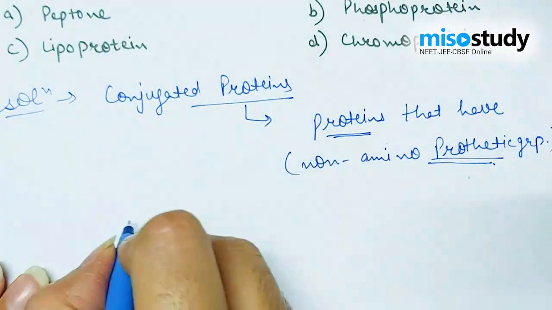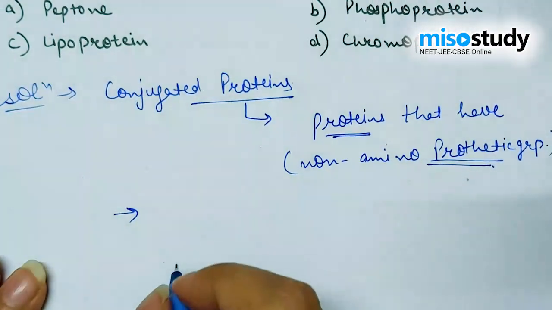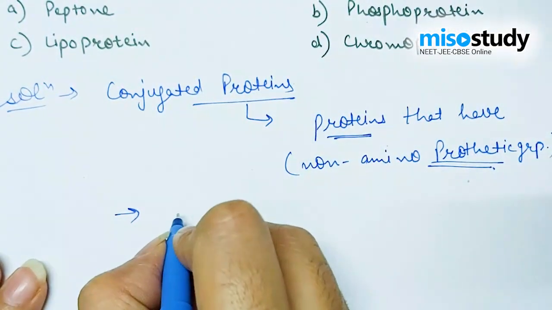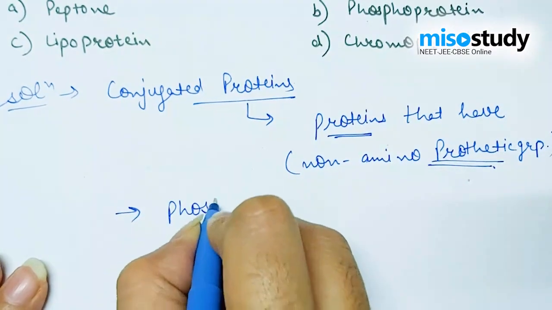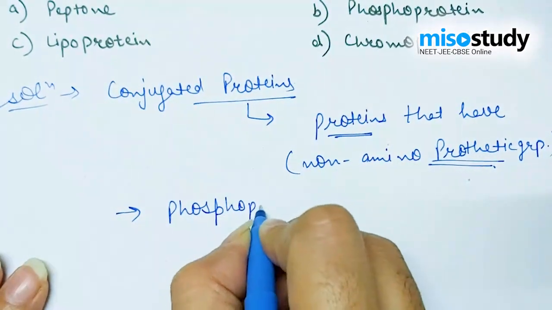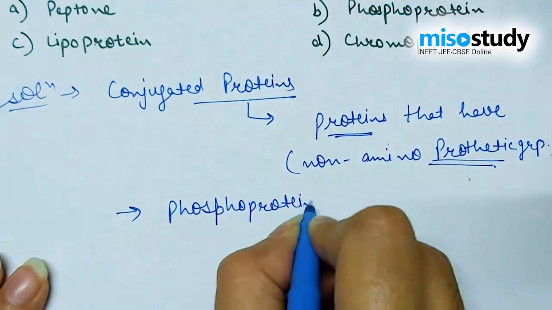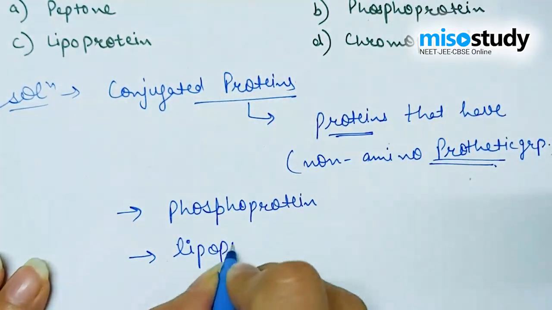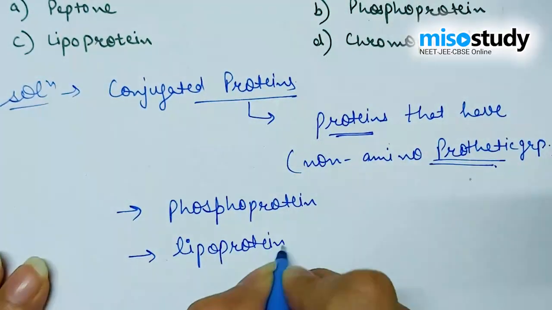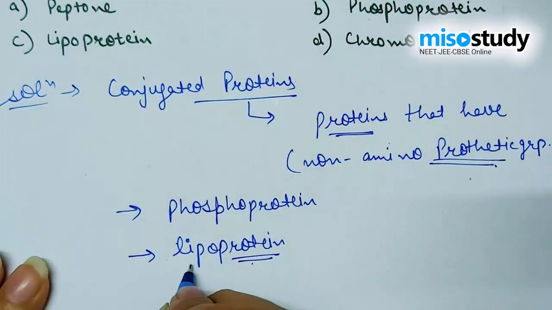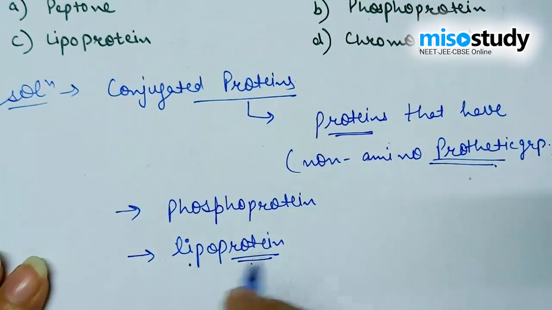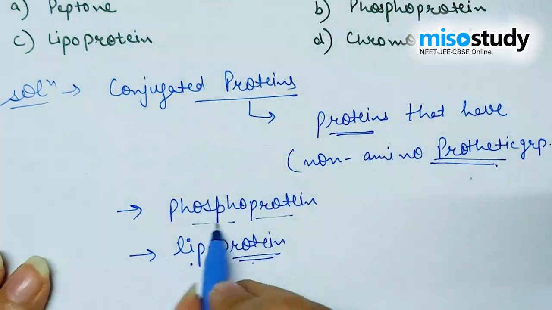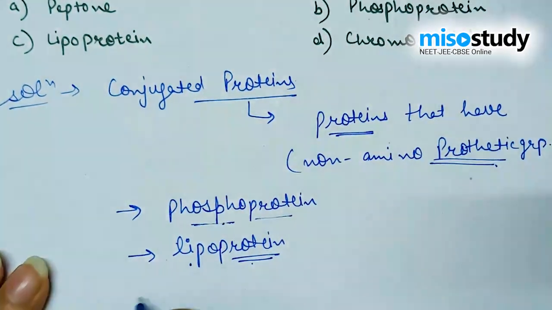There are several types of conjugated proteins. Examples are phosphoprotein, next is lipoprotein, in which there is an integration of protein with lipids, and phosphoprotein, in which protein is conjugated with phosphate.